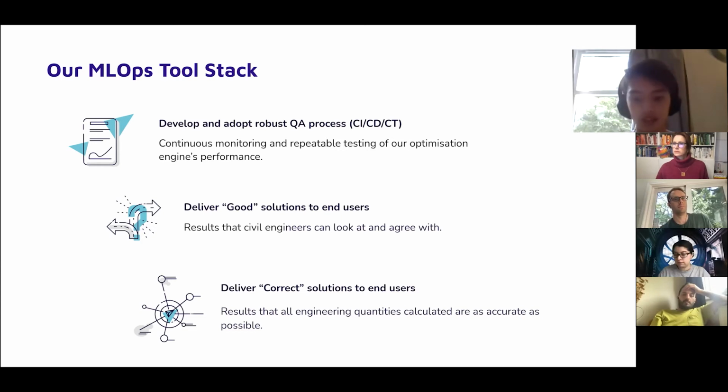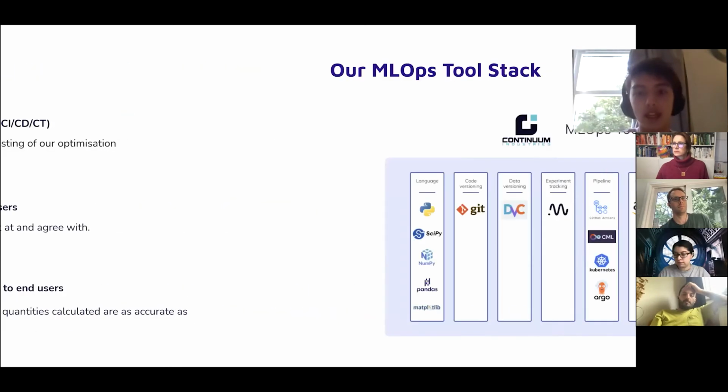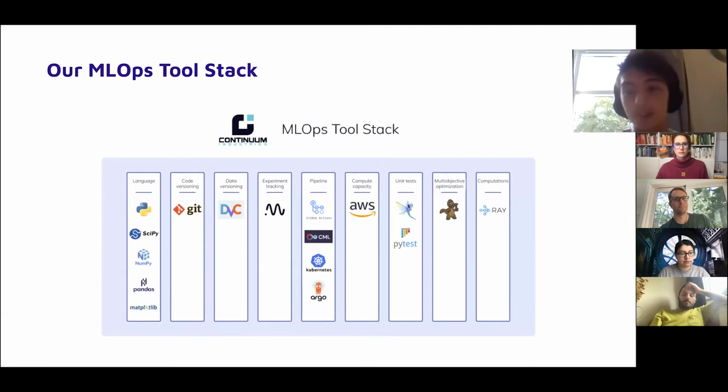In order to achieve that, we have been using a lot of tools. Our algorithm is primarily written in Python, along with the C packages that you can see there. We use Git for our code versioning and version control management. We use DVC for our data versioning, control and management. And we use Neptune for experiment tracking.